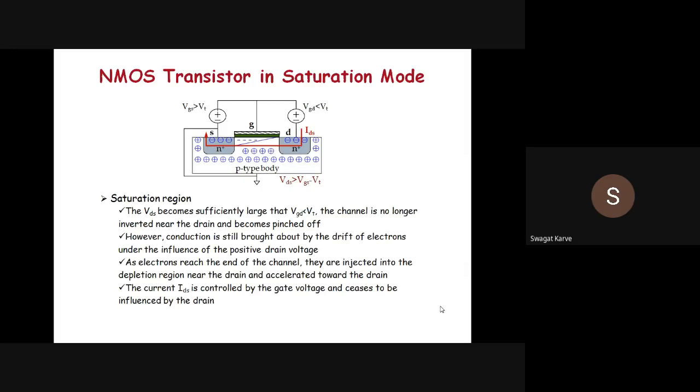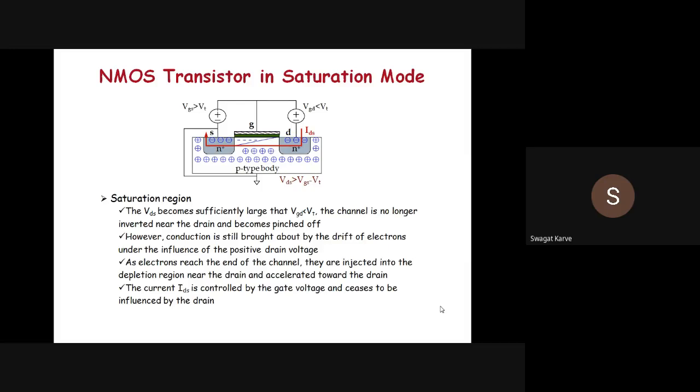In that case, the pinch off will take place. That means the channel will start narrowing at its opening side, and the point will come where there will not be any space to further increase the current. Now in that case IDS will not increase, it will remain constant at that value, though you increase the voltages.